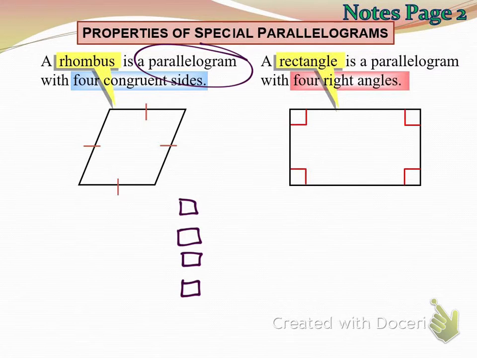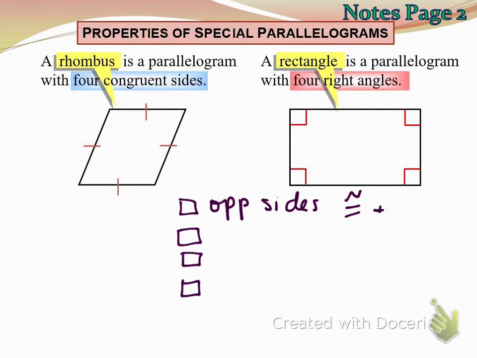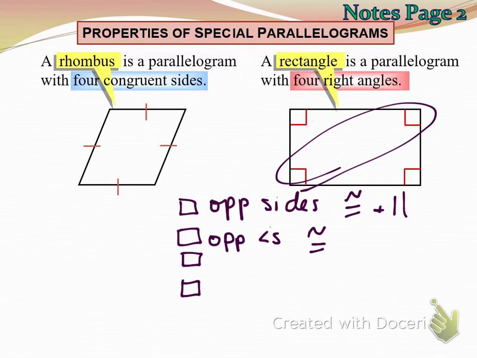So both of these are types of parallelograms. So they have the original 4 properties. If you think about it, the opposite sides, what do we know about the opposite sides? Congruent and they're parallel. Is that true for these? Yes. What do we know about the opposite angles? They're congruent, all right? I know it's easier to see on a rectangle. They're both 90, right?